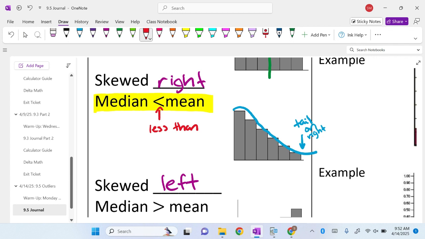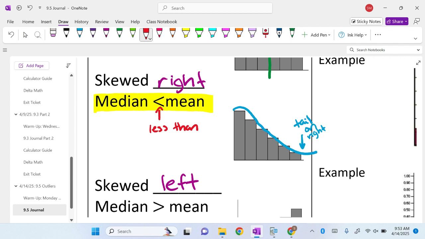Now, there are more analytical reasons behind that, but I just want you to make sure that you can recognize the graph and why it is. Whereas if the median is greater than the mean, the median's what's winning, so it's pulling to the left. If you ever take AP Stats with Miss Sherman, or even in some of the later stats parts of Math 3, you'll learn why that is.